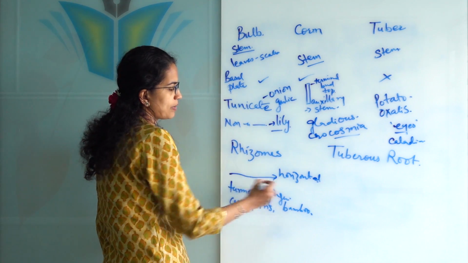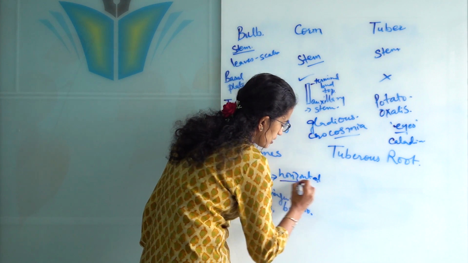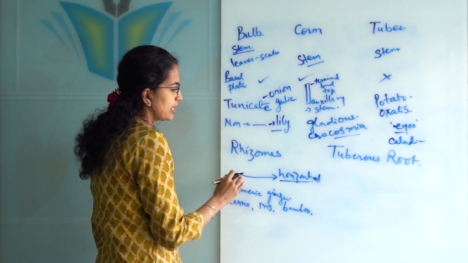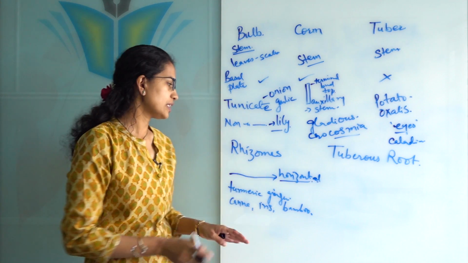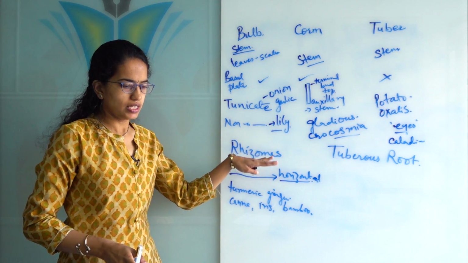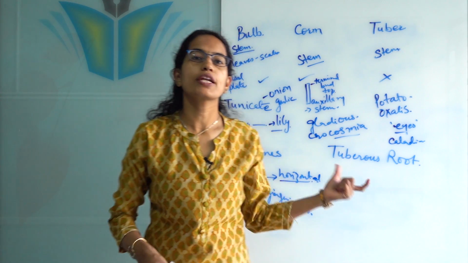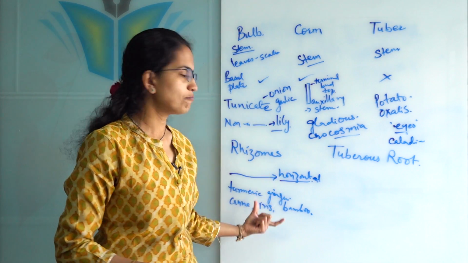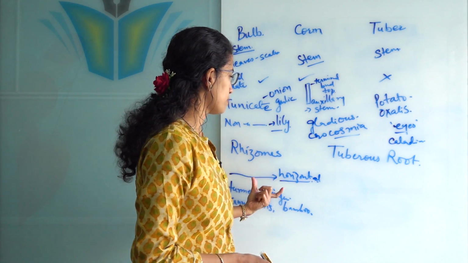The key purpose is again storage of food, but they run horizontally, and therefore the roots are either lateral or adventitious in nature in the case of rhizome. Also, rhizomes are important for the purpose of vegetative propagation.